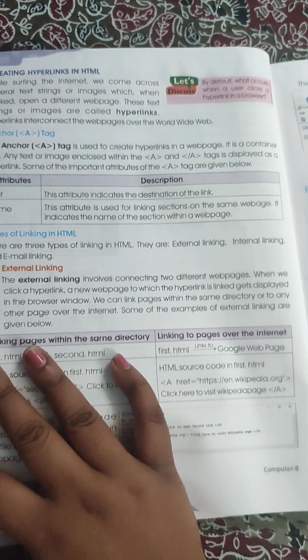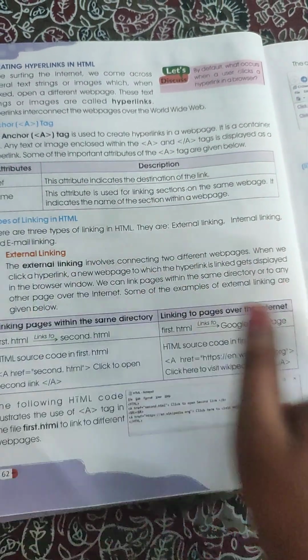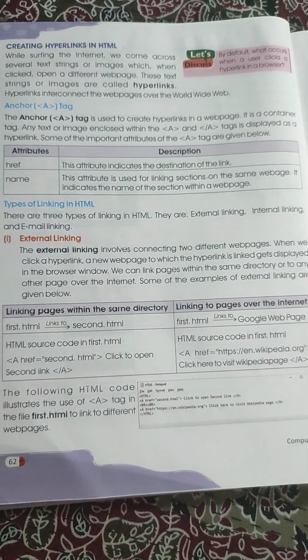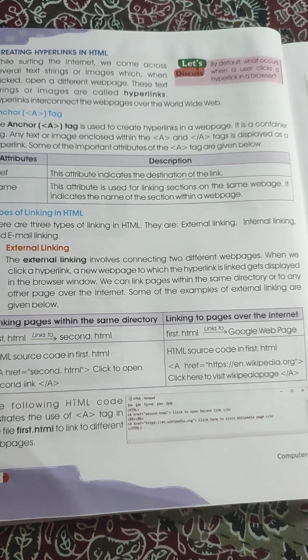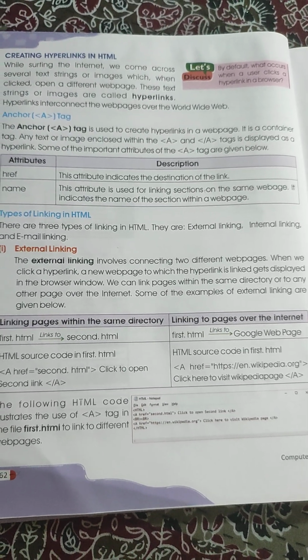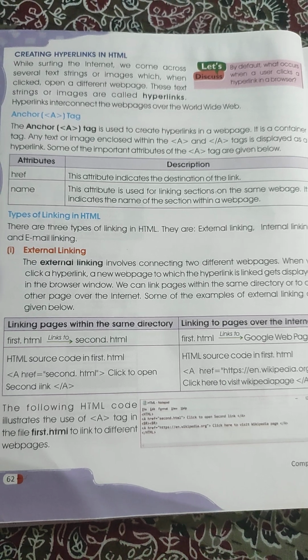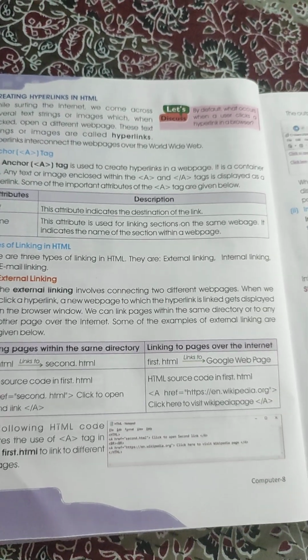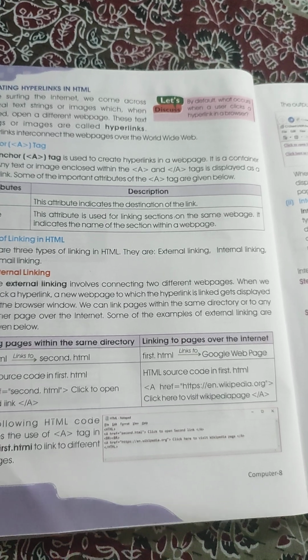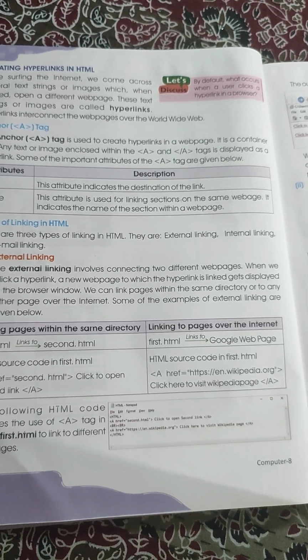Okay, so the next: types of linking in HTML. There are 3 types of linking in HTML. The first is the external linking, the second is the internal linking, and the third is email linking. So what is external linking? External linking involves connecting two different web pages when we click a hyperlink.